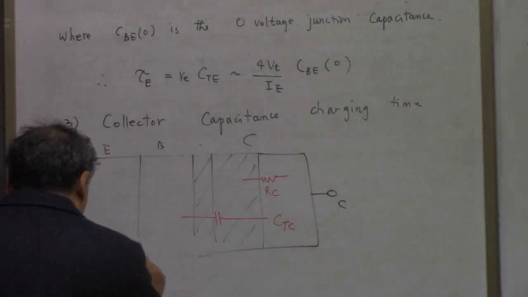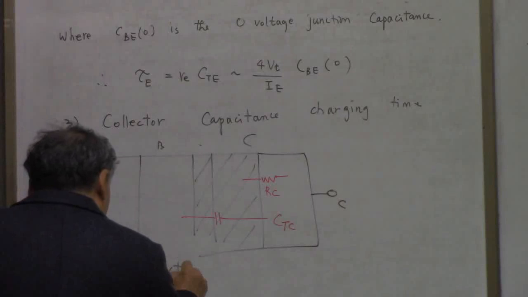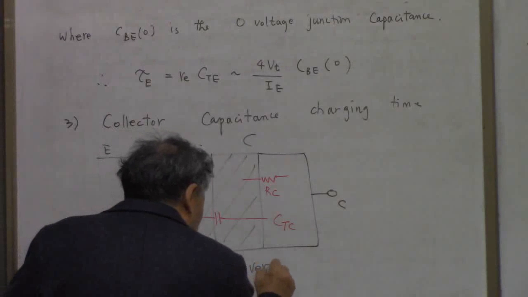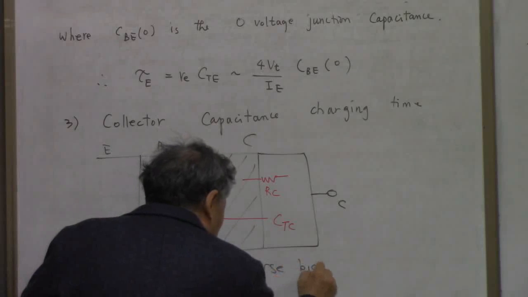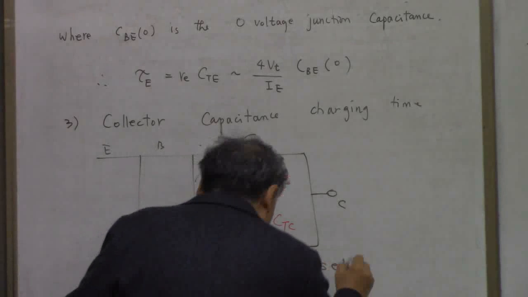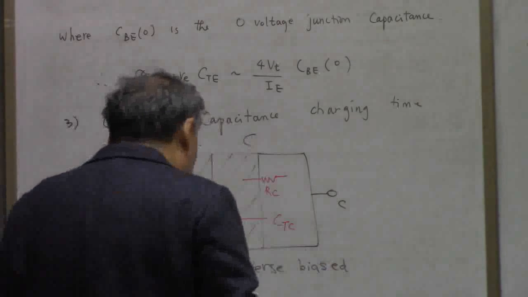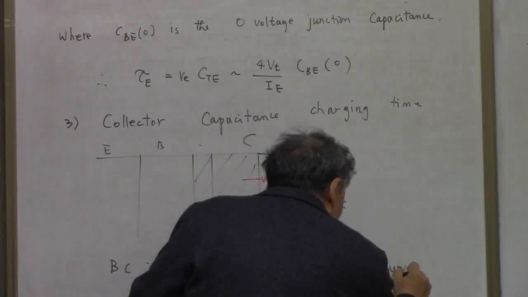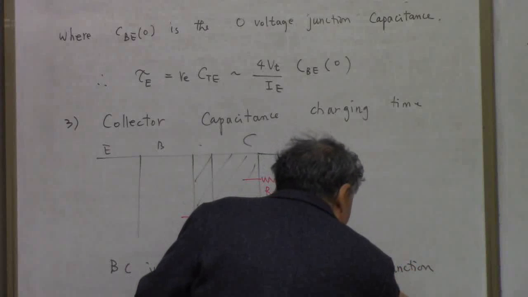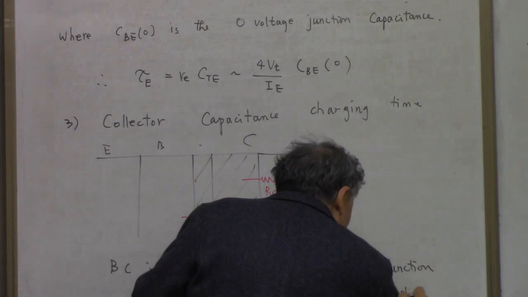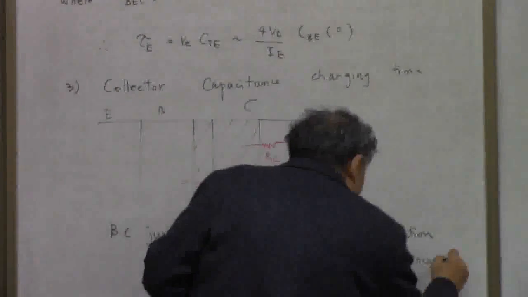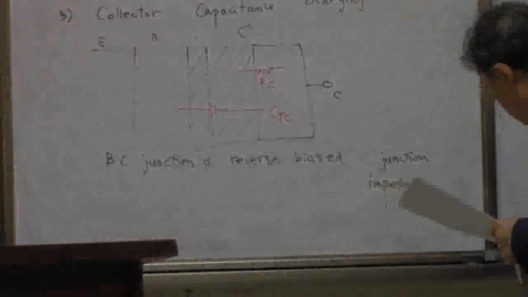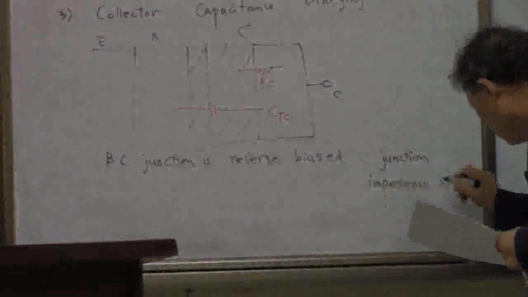The base-collector junction is reverse biased, so the junction impedance is very high.